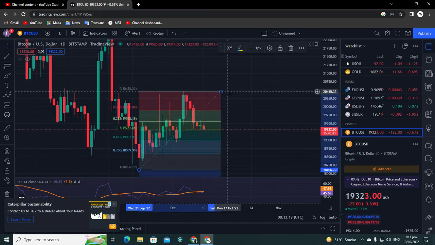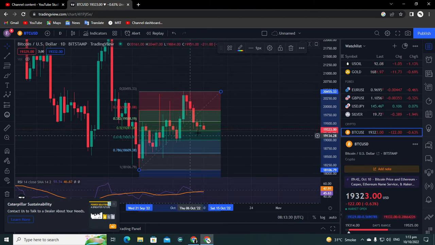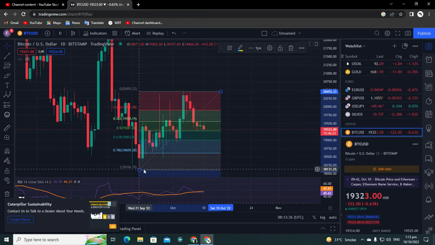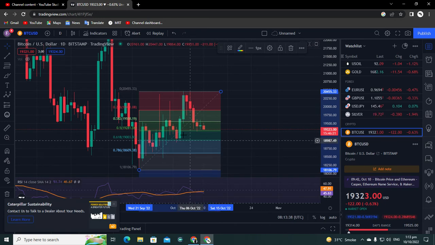So the correction can come up to this point, 0.6, which is called the golden ratio. I will explain all this in the lecture about Fibonacci retracement. These 2 points could be the level of correction till 19,000. Sometimes we see 100% correction till here, but generally it's at 0.6 and something.